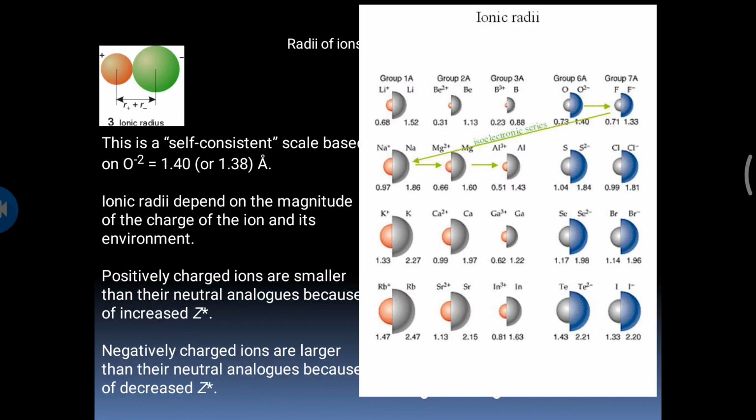Here we discuss the radii of ions in different periods. For O2 minus, a negative ion with a 2 minus charge, the radius increases to 1.4, or 1.38 angstrom.